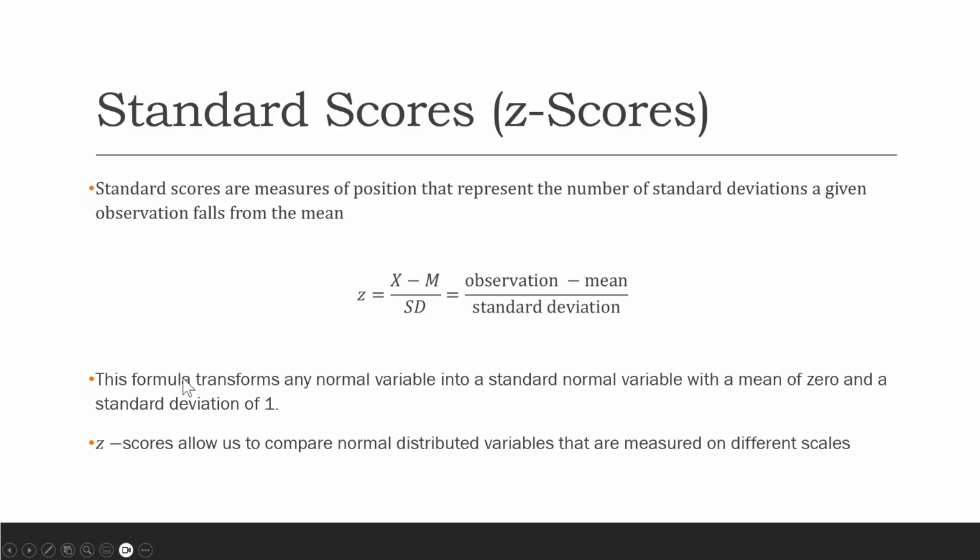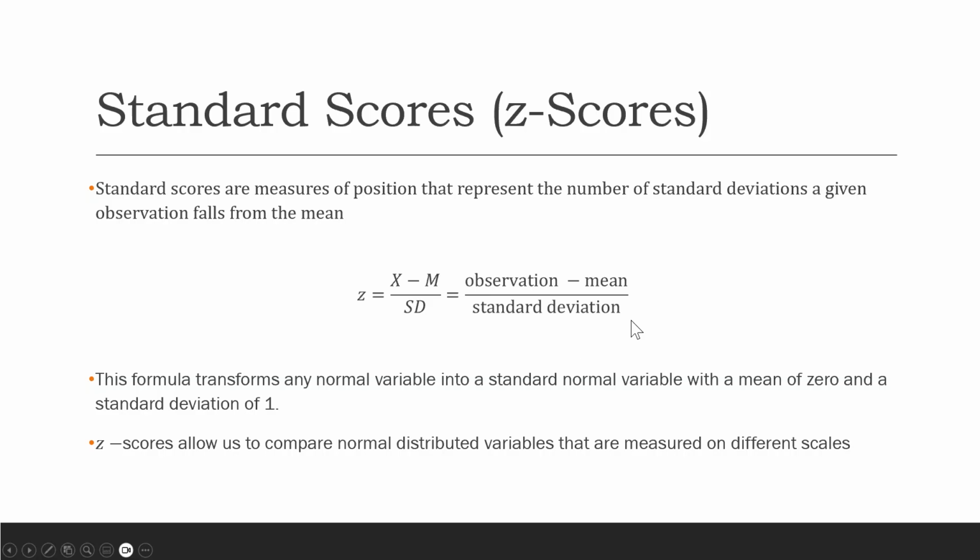Just know that it's a measure of position that tells us the number of standard deviations an observation is from the mean. We subtract the mean from it, so that gives us a relative position to the mean, and then we standardize it by dividing it by the standard deviation. So this is now in what we call standard deviation units.